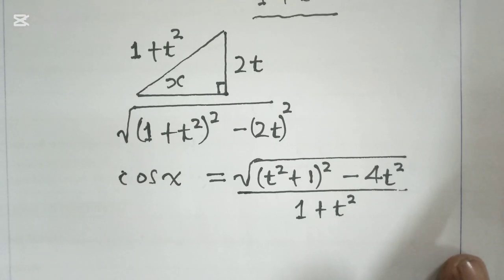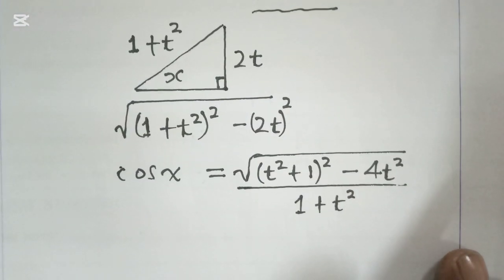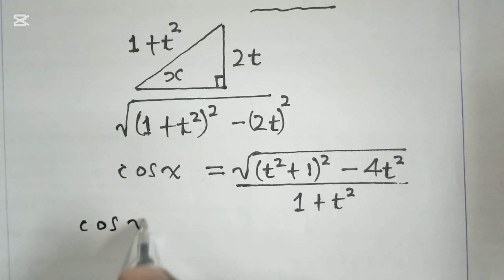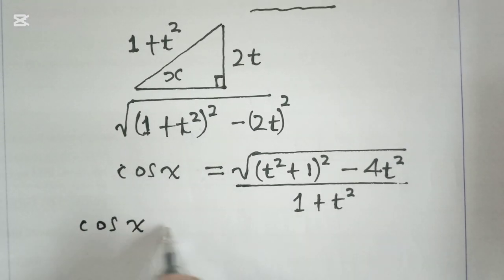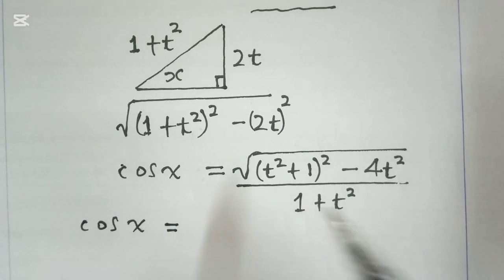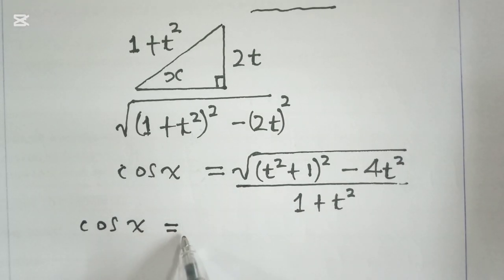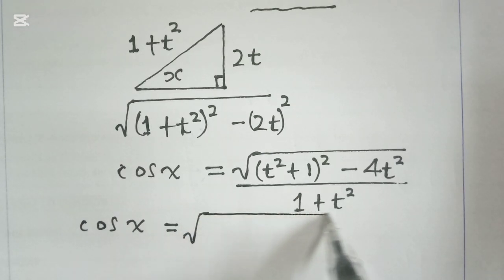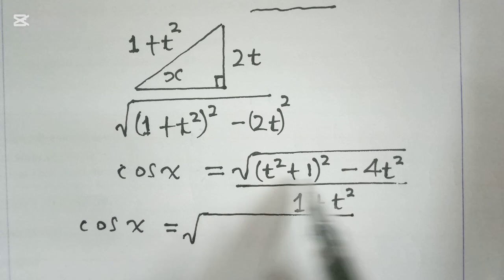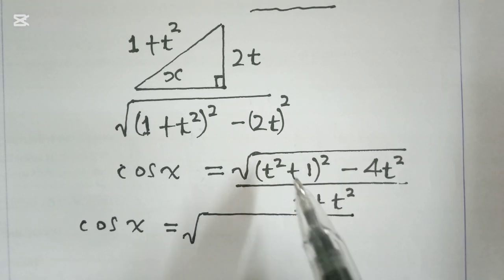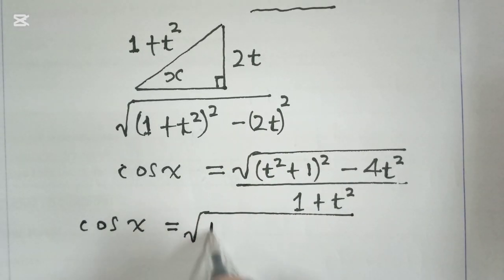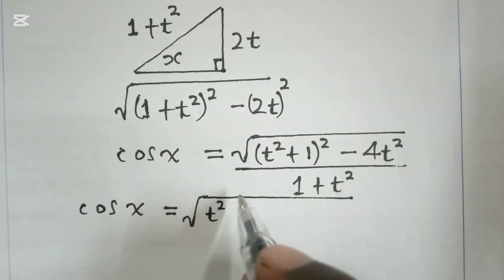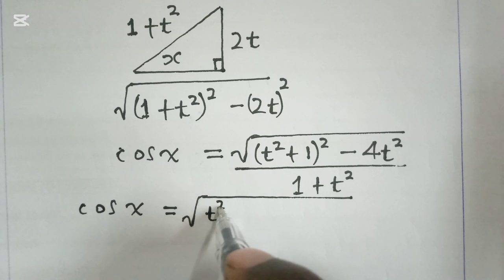So guys, we can work out that, try to simplify it. When we work out that, cos x gives us, we can still put the square root there. And then we can square that. So when we square that, guys, we shall have t squared plus, that is t raised to 4. Here we have 4.